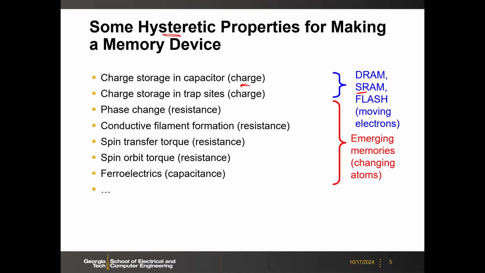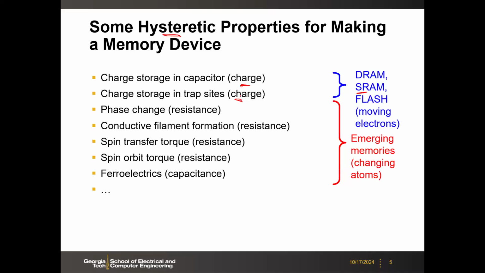So all the charges are held in that storage node. And the flash, we just talked about the flash, right? No matter if it's floating gate or charge trap transistor, you store the charge in those trap sites, so in the gate stack, you store some charges. So essentially, those are charge-based.